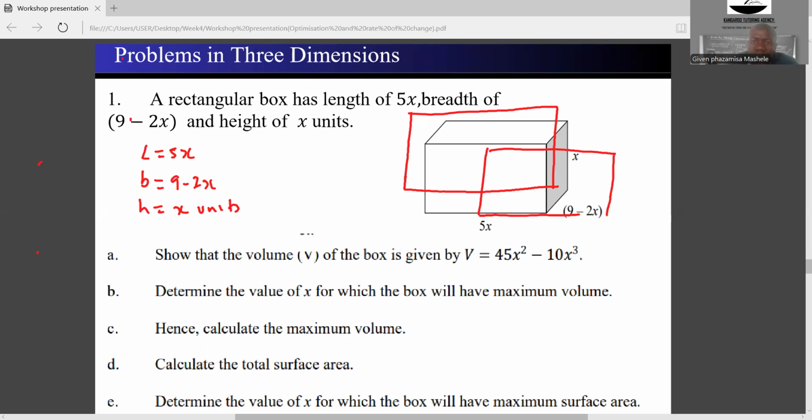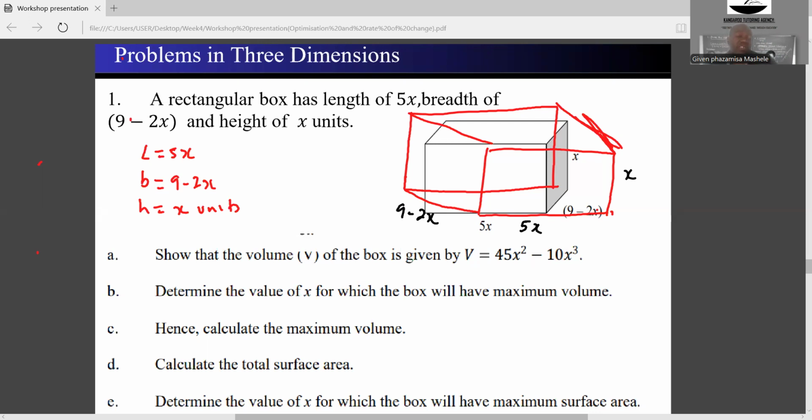This box has a length, sorry, the length of the box here is 5x. The breadth is 9 minus 2x. So there it's 5x, there it's 9 minus 2x. The height is x. This is what we're given.